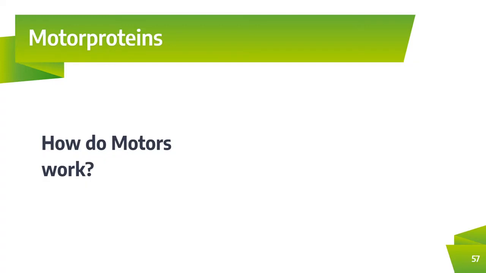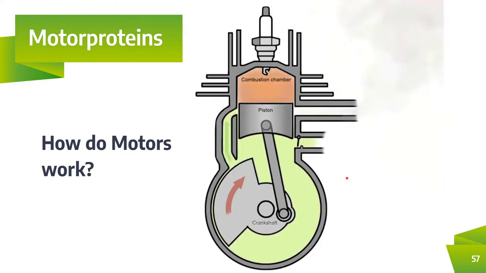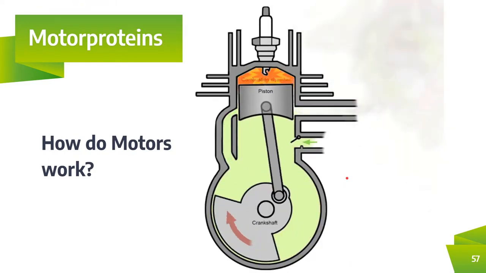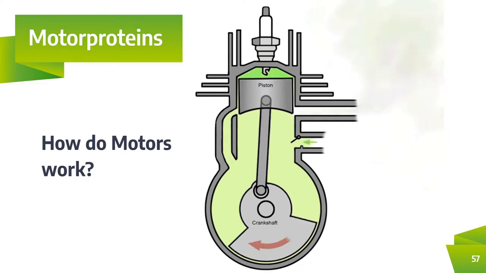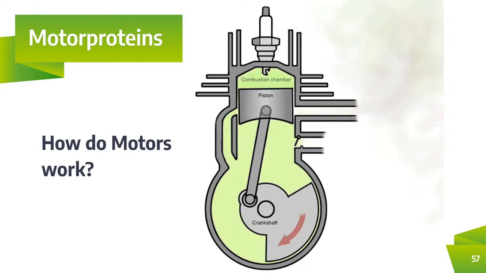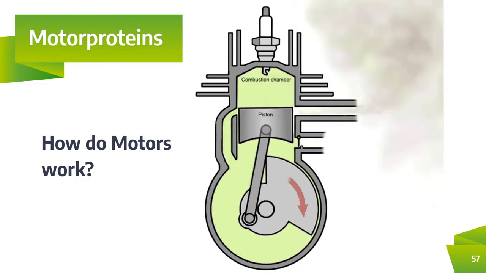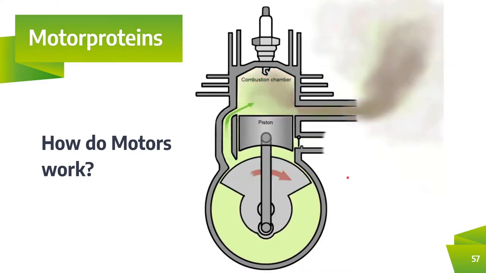Right? So, motors in real life, I hope some of you have seen this kind of mechanism before. Basically, they are in every car or generator, and what they do is they use gasoline.